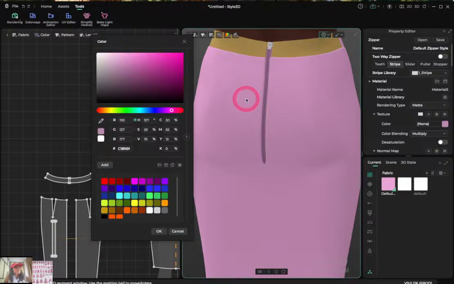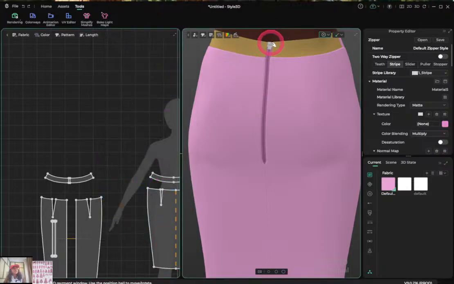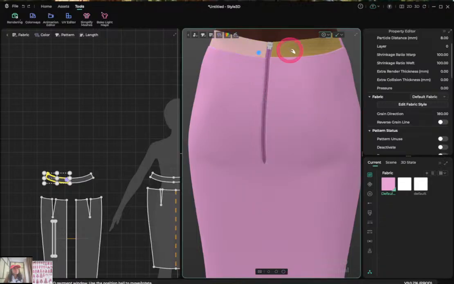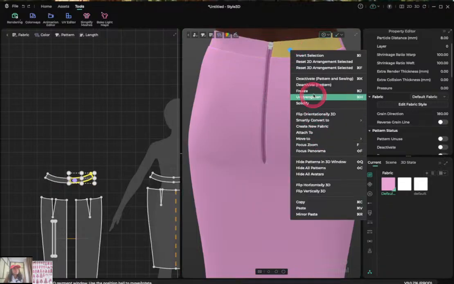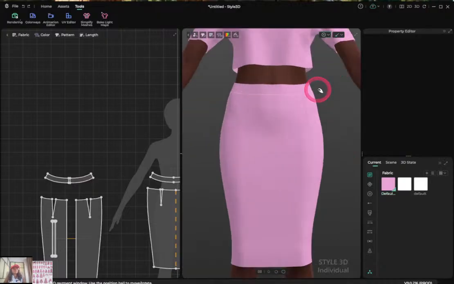It should be the same color. Okay, let's just go with that and say okay. And then let me unstrengthen these and strengthen, and let's go back to the fronts. Okay, so now we have a pencil skirt.